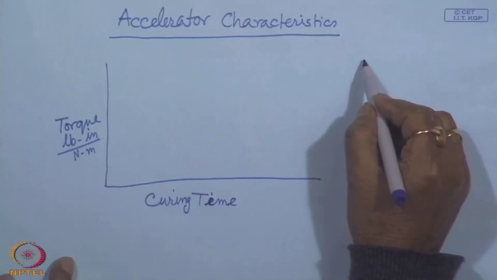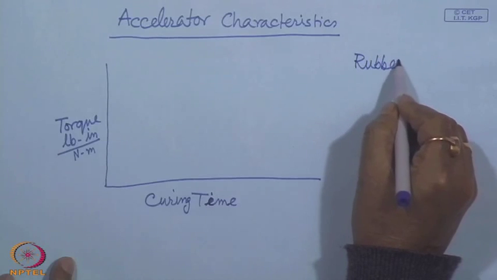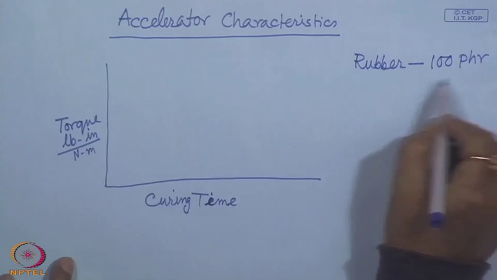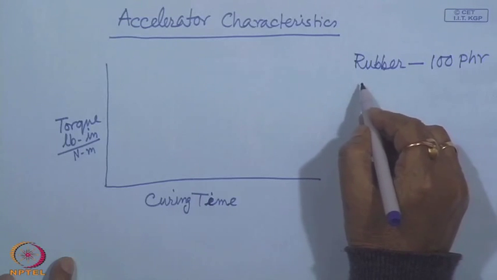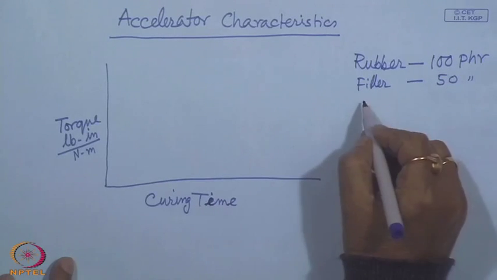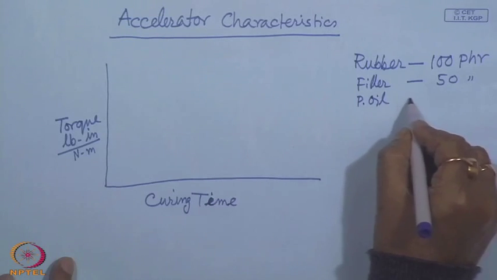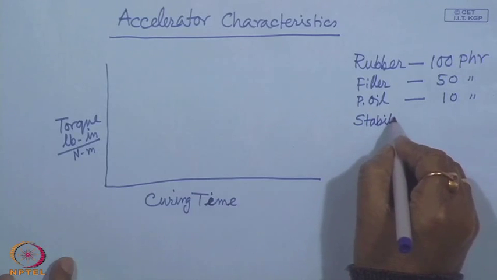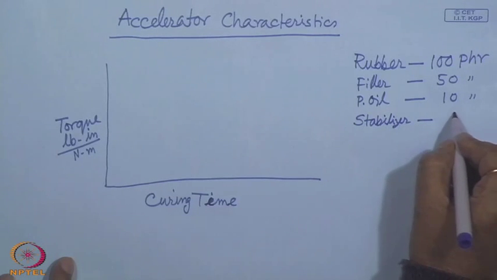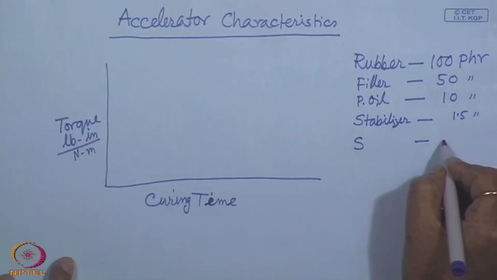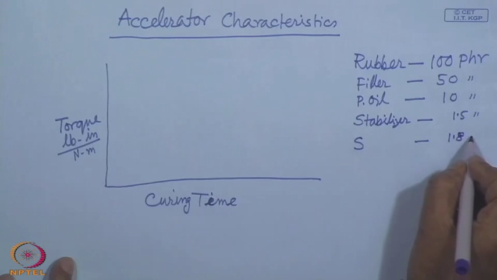A rubber compound contains rubber, say for example 100 phr, parts by weight, then filler that may be 50 phr, then process oil that may be 10 phr, then stabilizer or antioxidant that may be 1.5 phr, and sulfur as the cross linking agent, which may be present as 1.8 to 2 parts by weight.